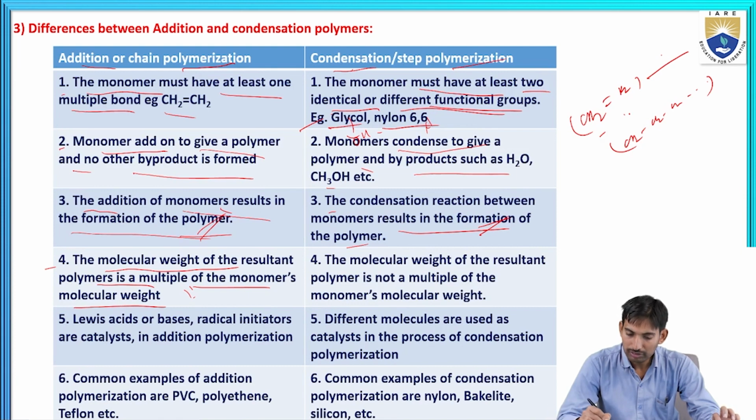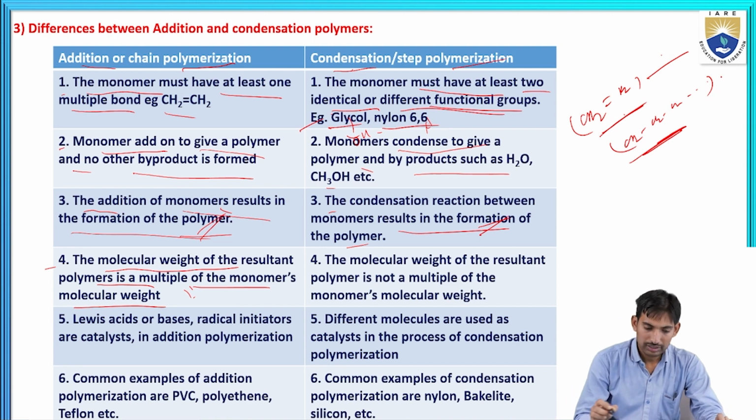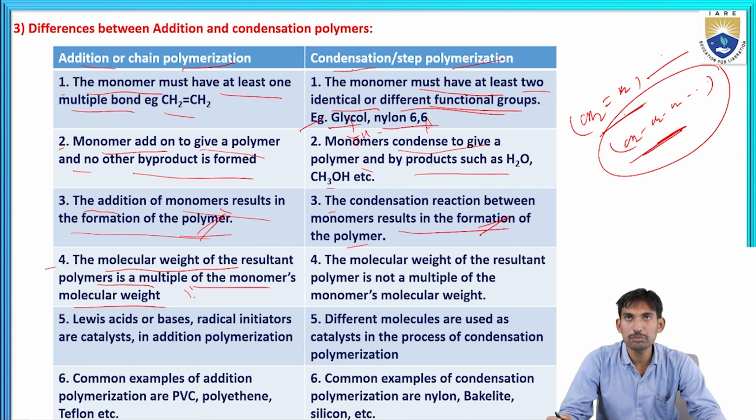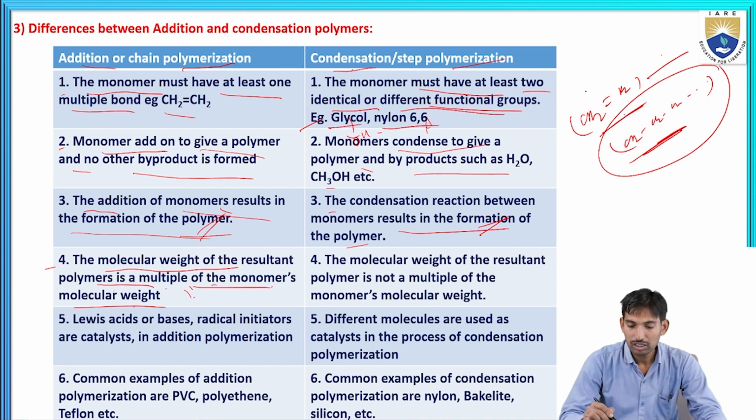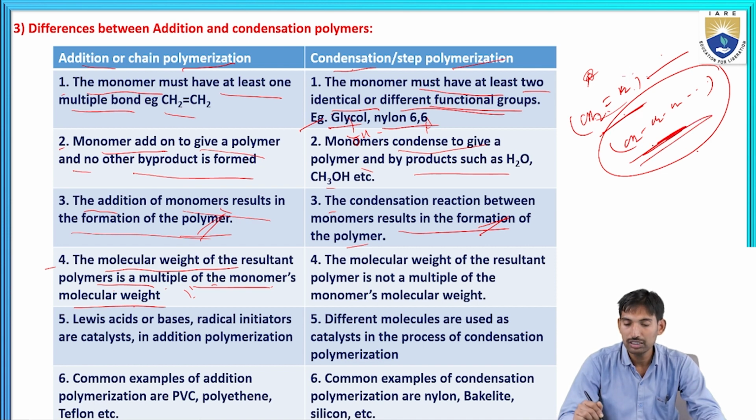So how can we calculate the molecular weight of the resultant polymer? The molecular weight of the resultant polymer is a multiple of the monomer's molecular weight. We simply multiply the number of monomers repeated in the polymer with the molecular weight of the monomer, and we get the molecular weight of the resultant polymer.